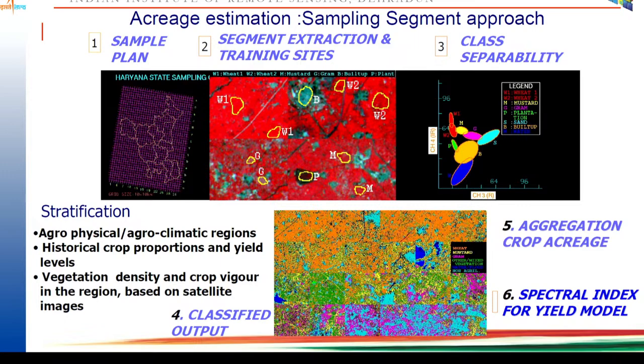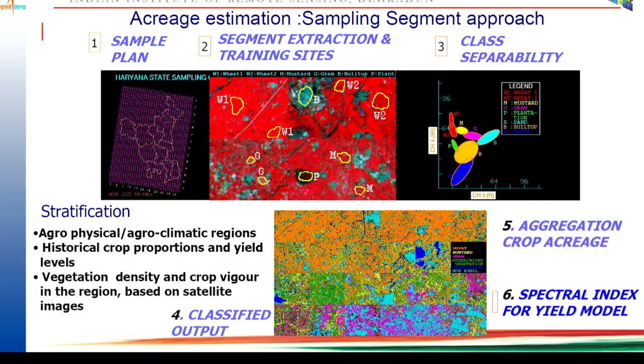So that was all about research purpose, tehsil or district level acreage estimation. But if we want acreage estimation of a whole state or nation, we cannot acquire imagery for the whole of India or the whole state. We need to apply a certain kind of stratification procedure. Stratification may be on the basis of agroecological zone, previous year historical crop proportion, or previous year satellite imagery.